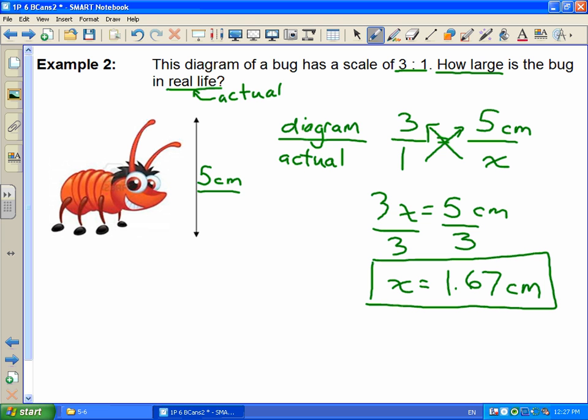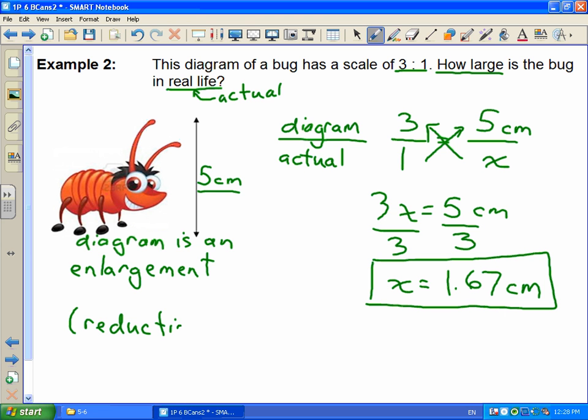So this picture shows the bug larger than it would be in real life. So this diagram here is what we call an enlargement, because we've made the bug bigger in the diagram. So we'll say diagram is an enlargement. If we were making the bug smaller in the diagram, we would have called it a reduction.